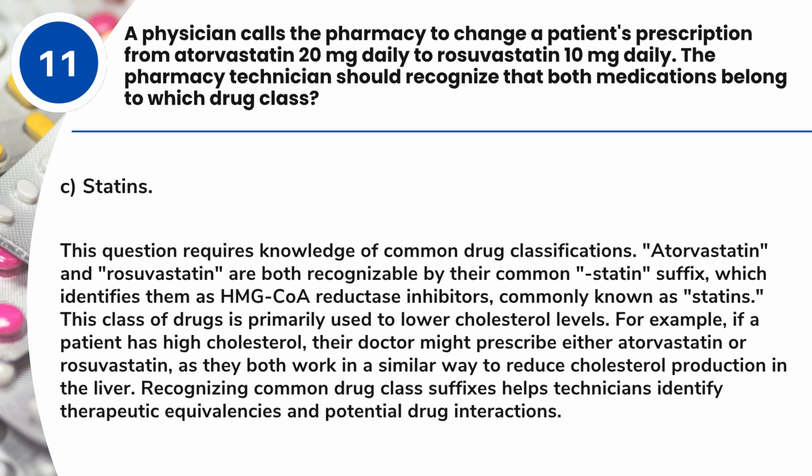For example, if a patient has high cholesterol, their doctor might prescribe either atorvastatin or rosuvastatin, as they both work in a similar way to reduce cholesterol production in the liver. Recognizing common drug class suffixes helps technicians identify therapeutic equivalencies and potential drug interactions.